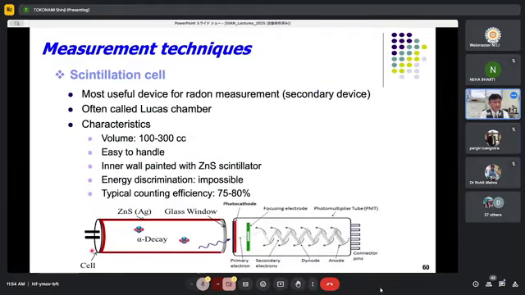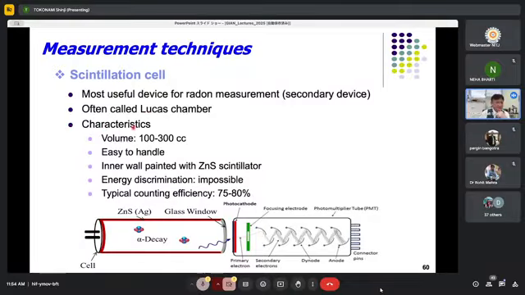Regarding scintillation cell, it is the most useful device for radon measurement. Therefore, it is used as a secondary device. It is often called Lucas chamber, Lucas cell.